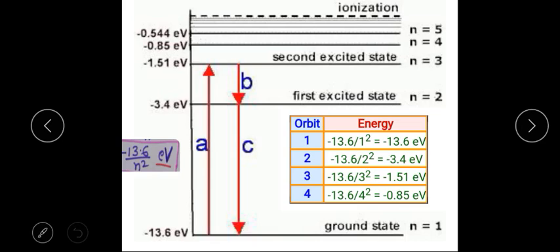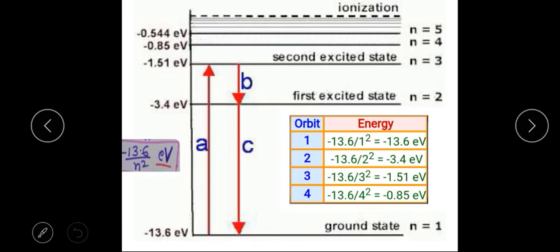n is equal to 1, n is equal to 2, n is equal to 3, n is equal to 4, n is equal to 5 and so on. As you can note here, the total energy of the electron increases. That means it becomes less and less negative. What it indicates is that the energy of the electron goes on increasing as you go to the higher orbits.